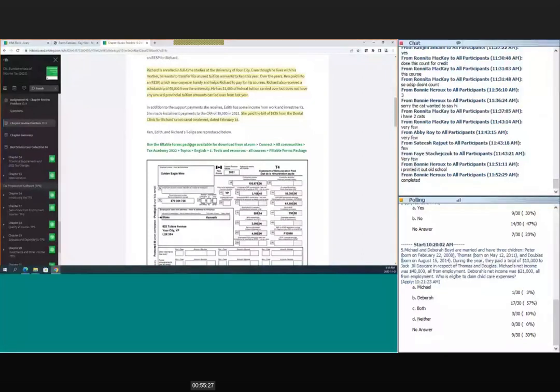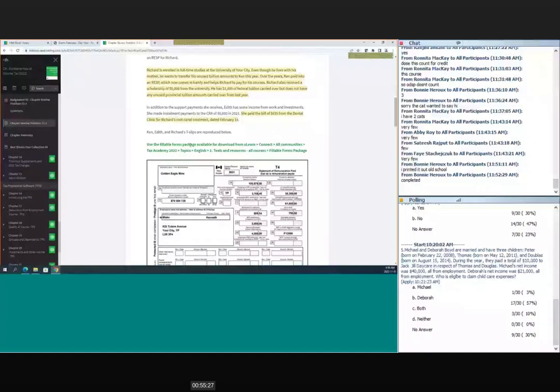Over the years, Ken paid into an RESP, which now comes in handy and helps Richard pay for his courses. Richard also received a scholarship of $5,000 from the university. He has $1,400 of federal tuition carried over, but doesn't have any unused provincial tuition credits carried over from last year. That's because if we were in Ontario, there wouldn't be any.